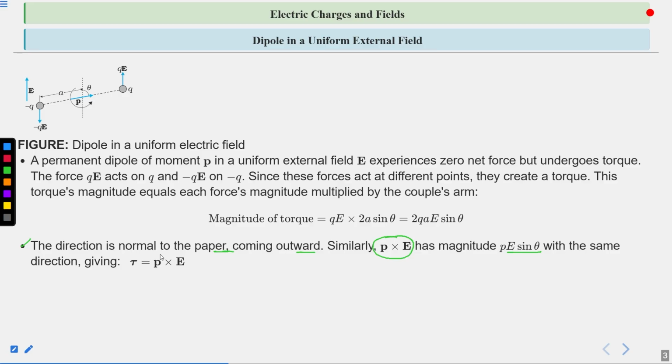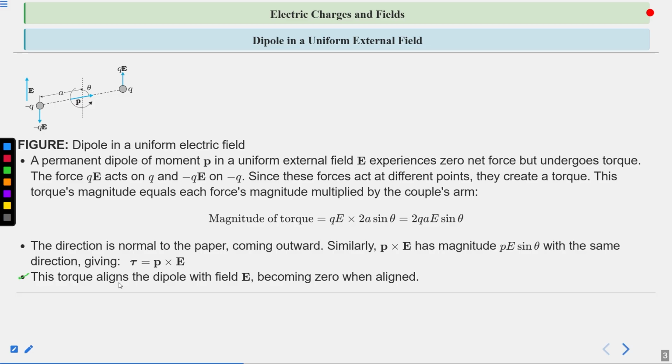So, the vector form of the torque, represented by tau, is this one: tau equal to p cross E. We know the value of E, which we learned in the topic of electric field, and p is the dipole moment, which is q 2a.